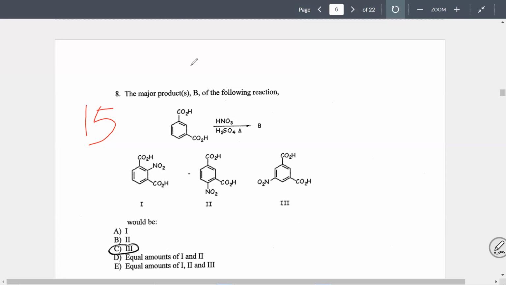Strong, so that means that they go to which positions? Meta. So it makes sense that this one's the answer because it's meta to both of those groups. If you have an activator and a deactivator, then the major one is coming from the activator.